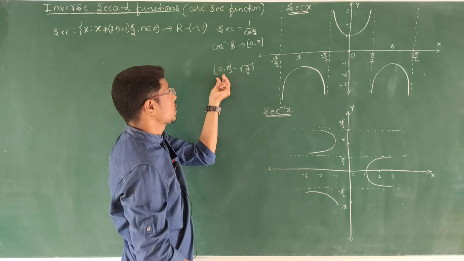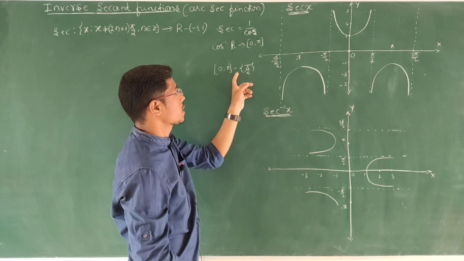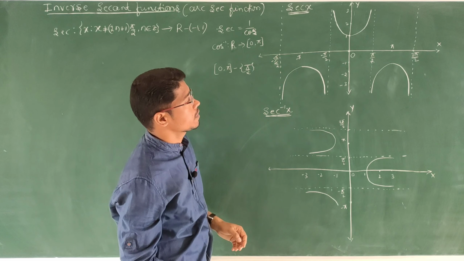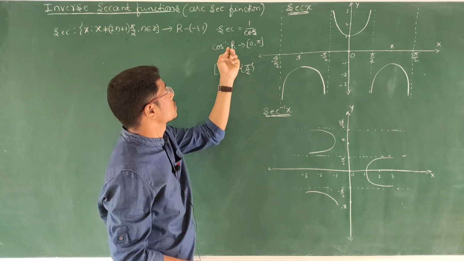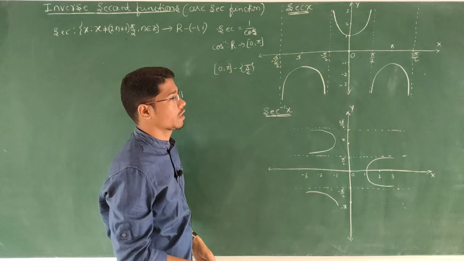So if we restrict the domain of the sec function to [0, pi] minus pi by 2, then we will make it invertible with the same range R minus (minus 1, 1), right?